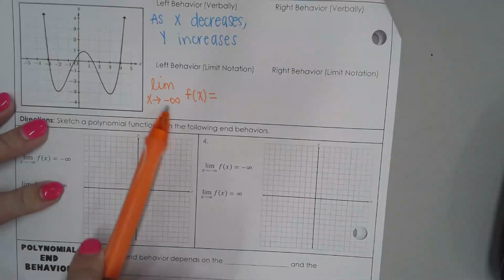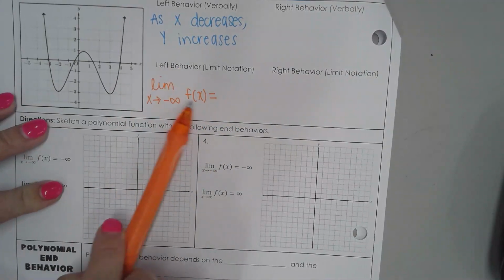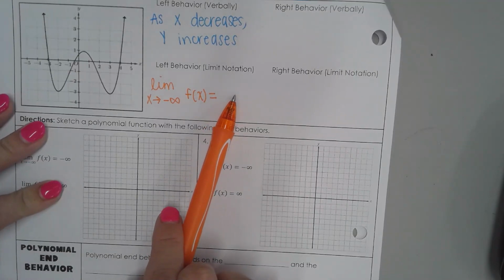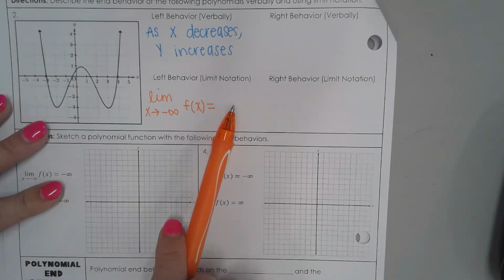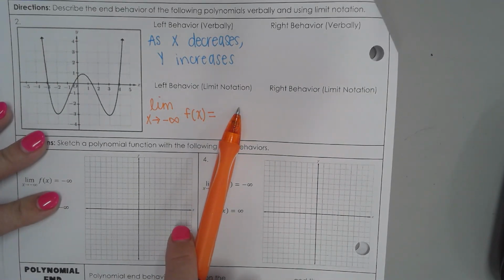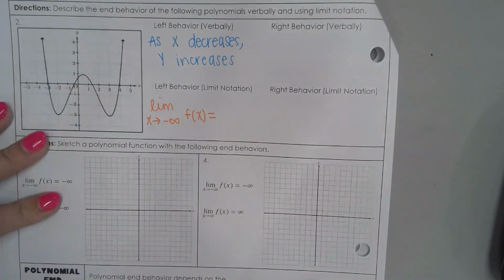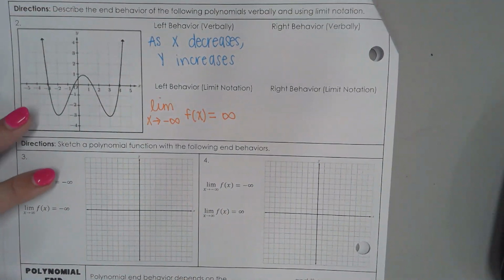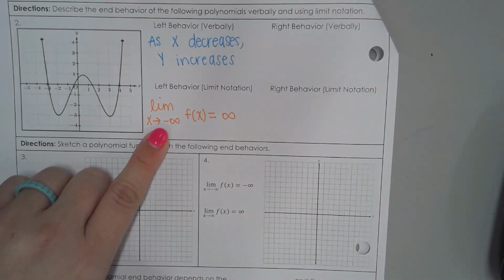When you're talking about the left side, it's always going to look like this. What it's equal to is telling us, all right, is it pointing up or down? So it's going to be equal to what? Positive or negative infinity? Positive, because it's pointing up. So positive infinity.